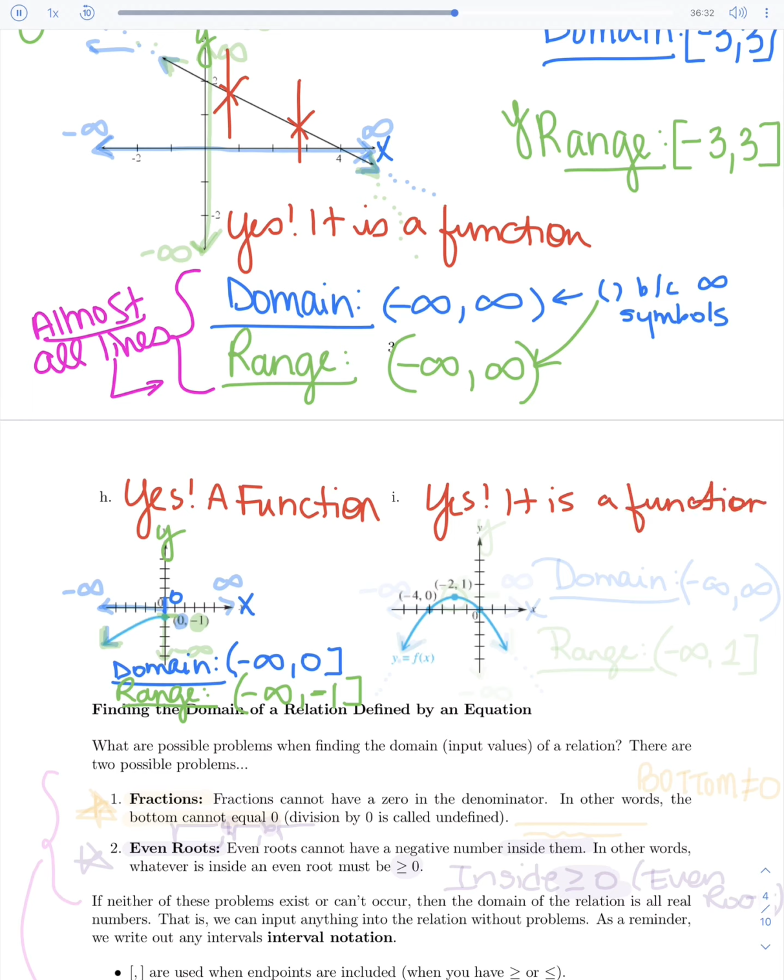And again, we want to find its domain and its range. So looking at domain means we're going to be looking at our x-axis, again working from smallest to largest, so starting from the negative infinity end.